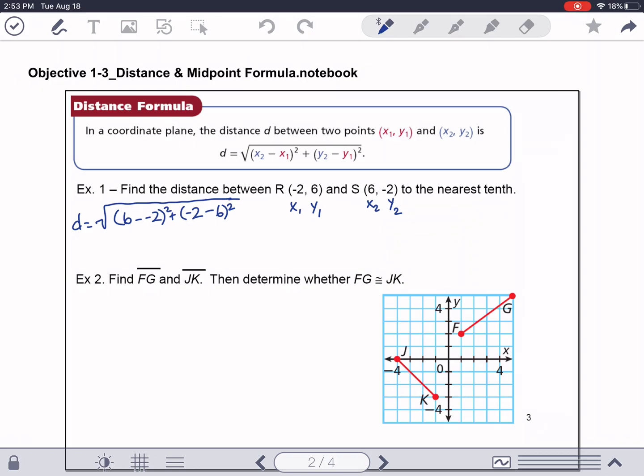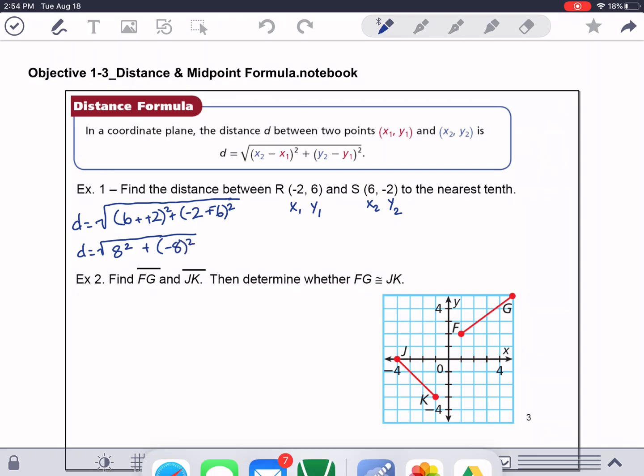Now you're probably thinking, ooh, Miss Bearden, we need to change our signs and clean this up a little bit. So this 6 plus 2 is going to become an 8 squared plus a negative 2 subtract 6. That's going to become a negative 8 squared.